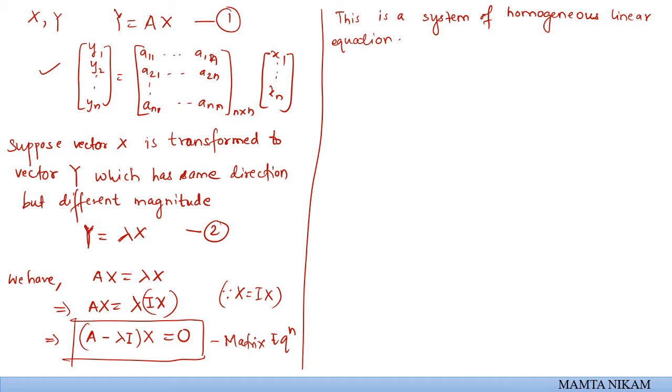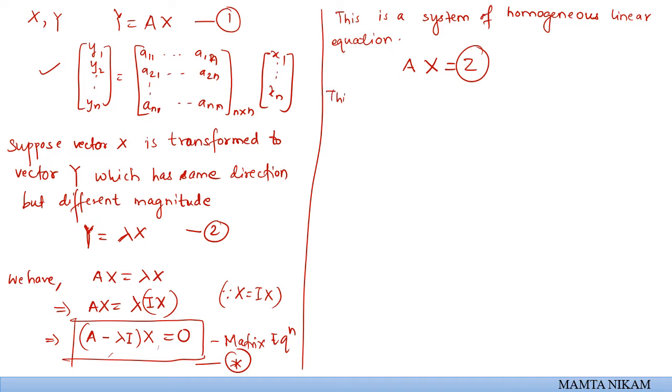That means, if you observe, we know how we represent a system of linear homogeneous equations: Ax equal to 0, where 0 is a zero vector. Similarly, this is equation star. In this equation star, A minus lambda I is nothing but a matrix, and x is a vector, equal to 0. So this represents a system of homogeneous linear equations, right?